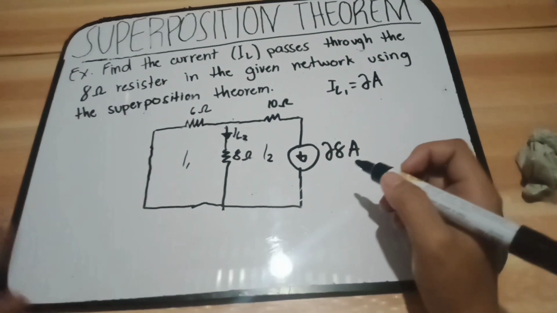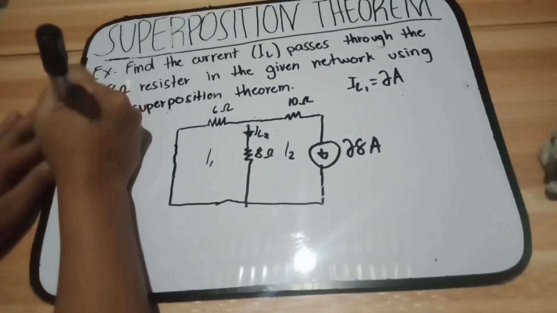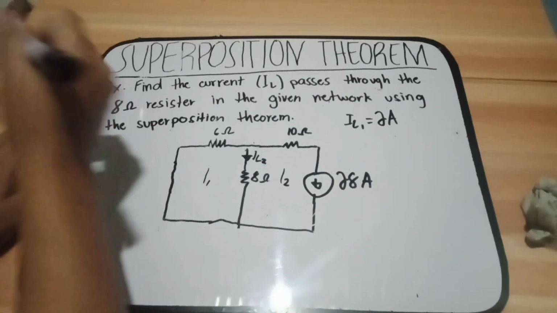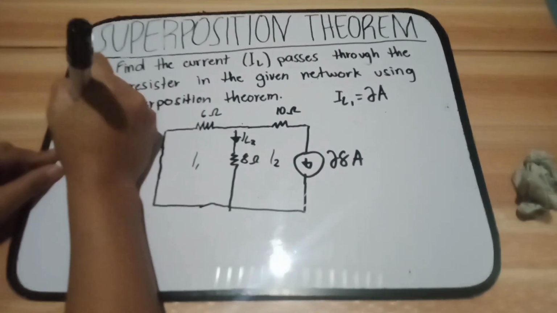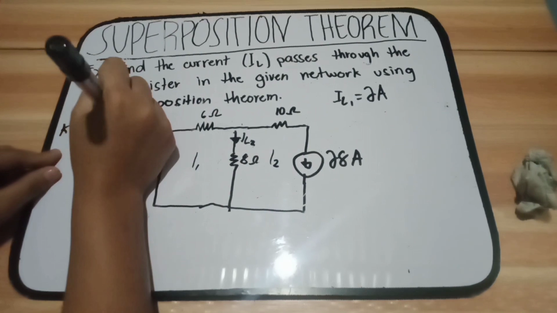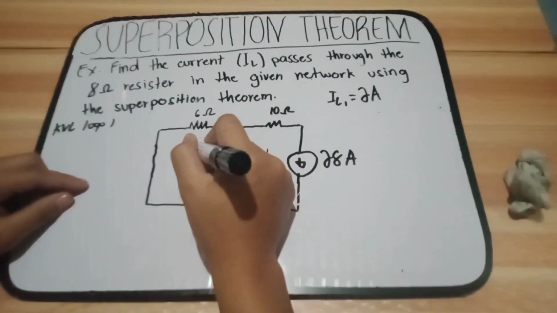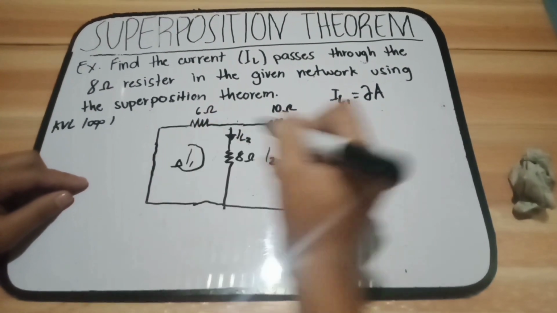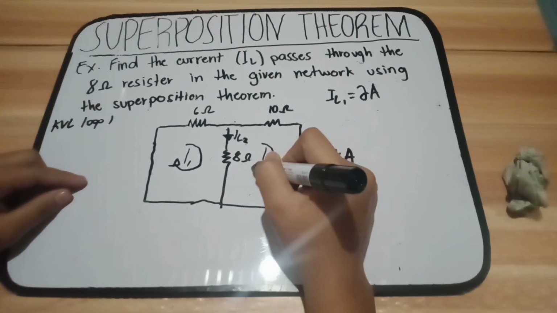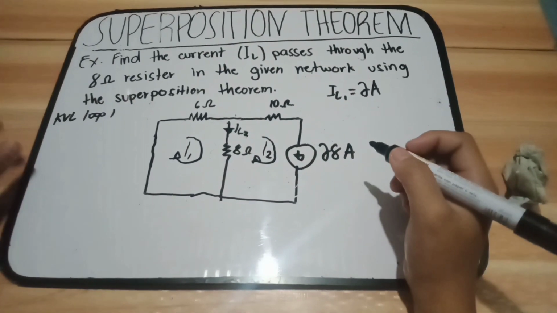Now, apply naman ulit natin ang KVL to loop 1. Ang direction natin is paganyan. So, let's start.